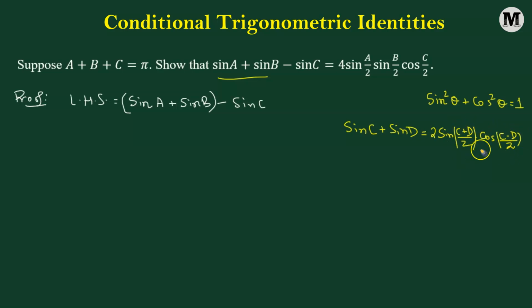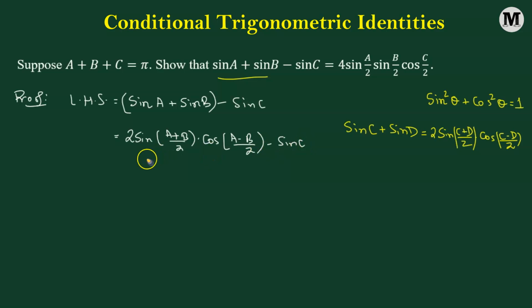Here we can consider a equivalent to c and b equivalent to d, which gives us 2 times sine of (a plus b) over 2 multiplied by cosine of (a minus b) over 2, minus sine of angle c.